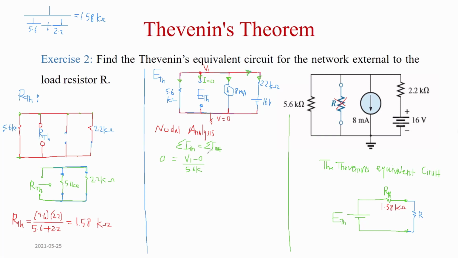Then the second branch is 0 because it's an open circuit, no current going through. The third one, it's 8 milli. Then the fourth branch going this way: leaving the node is V1 minus the voltage after the resistance, which is 16, divided by 2.2K.